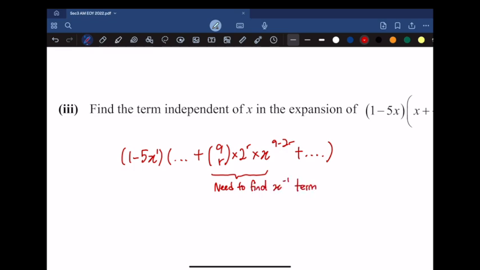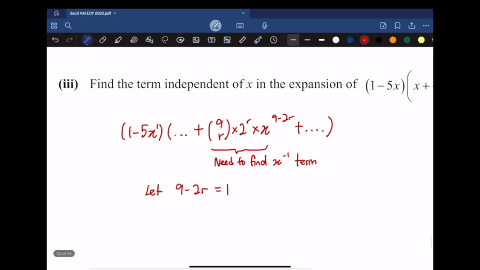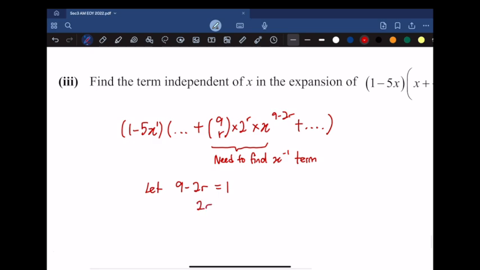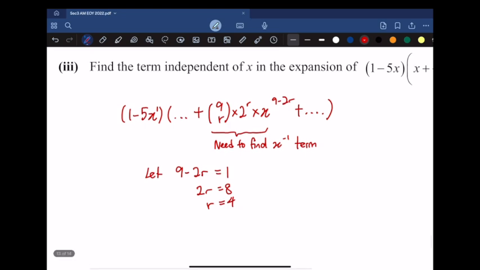Since I know from the general term formula that the power of x is given by 9 minus 2r, I let 9 minus 2r equal negative 1. Then from here, I know that 2r is equal to 10, so r equals 5. It means that the term in the fifth position will have x^(-1).